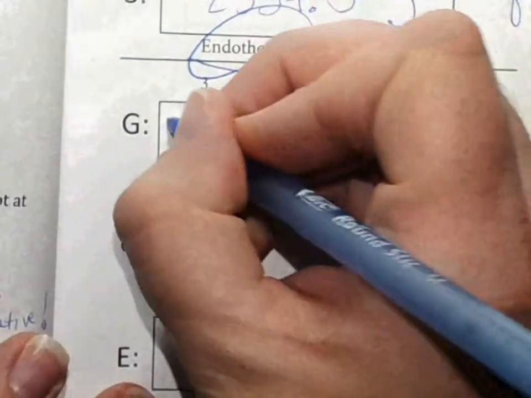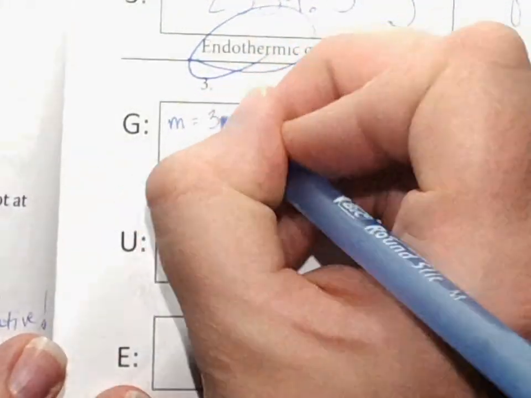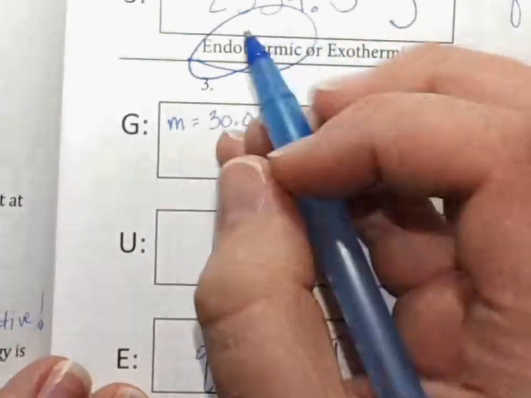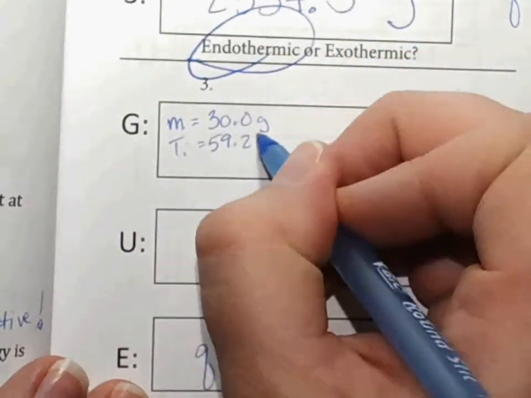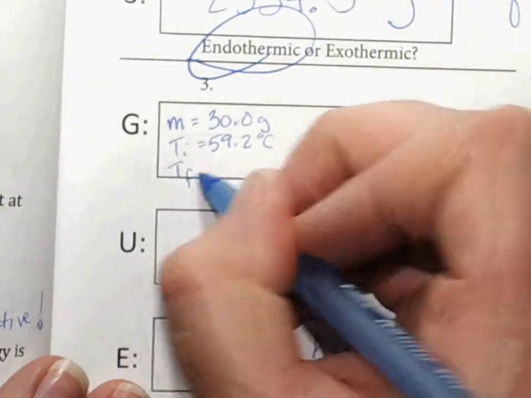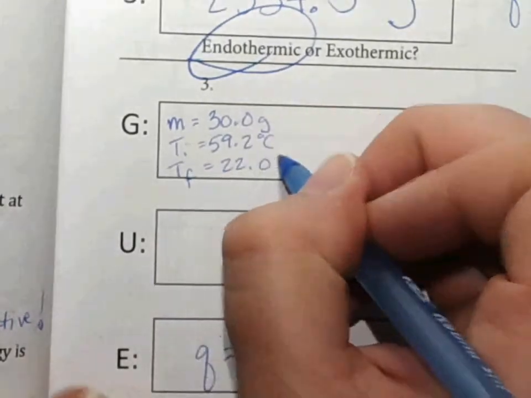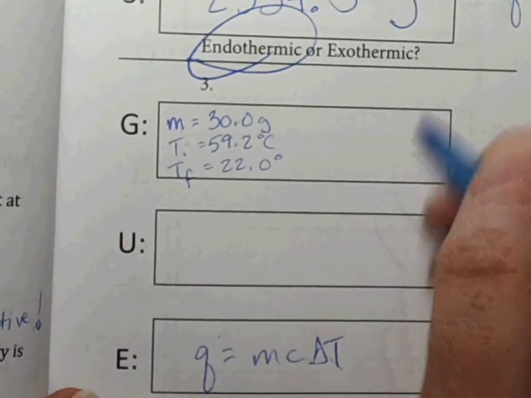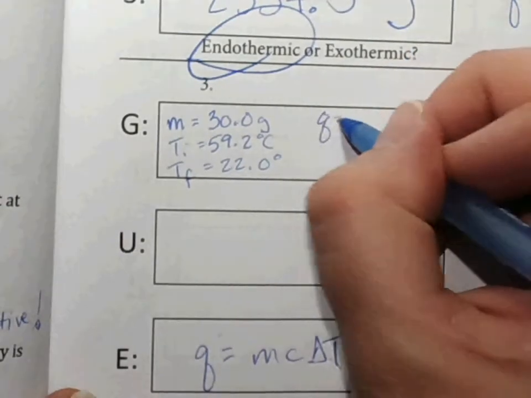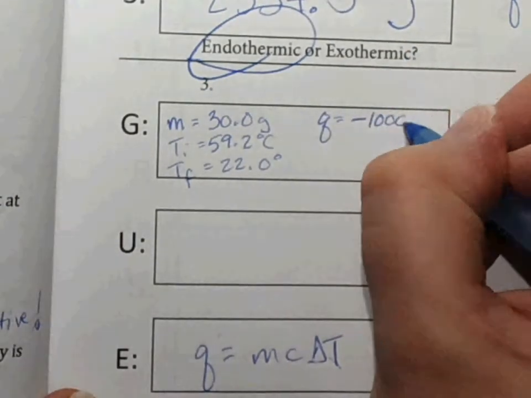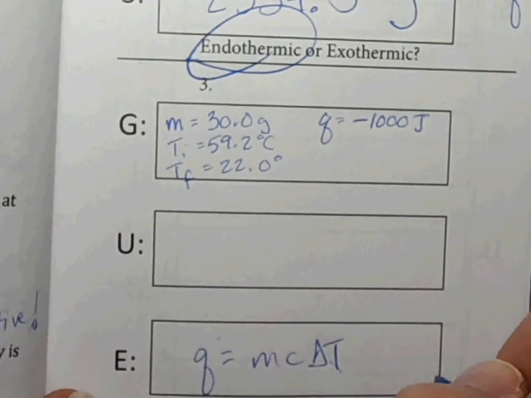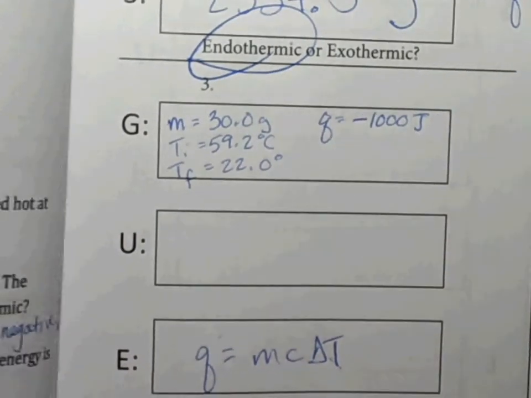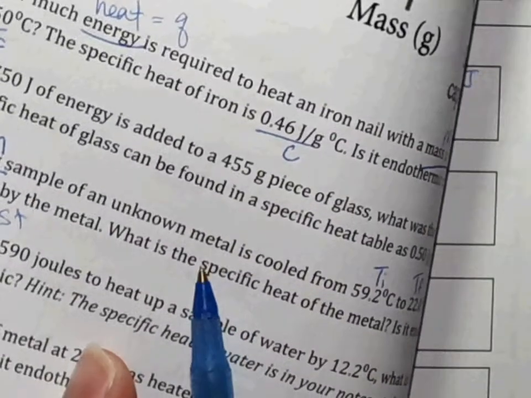So if we fill in our given box, we have a mass of 30 grams. We have an initial temperature of 59.2 degrees. We have a final temperature of 22.0 degrees. We have a Q of negative 1,000 joules. And they're asking, what is the specific heat of the metal?